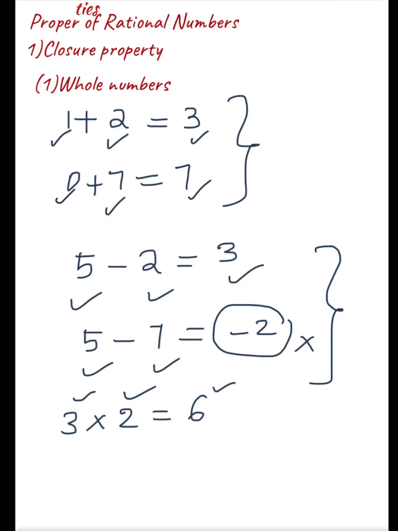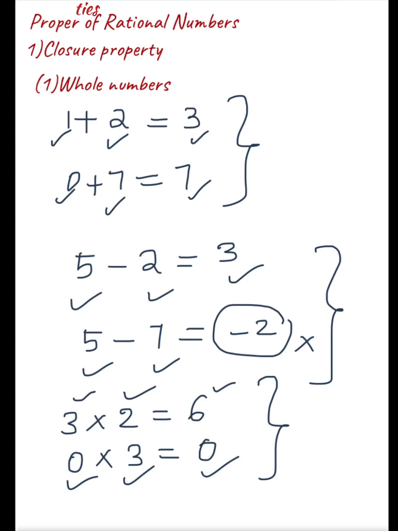Now suppose I am taking 0 and multiplying it with 3. Then what is the answer? Answer is 0. So here also I am taking two whole numbers and multiplying them and the answer is again another whole number. That means whole numbers are closed under multiplication.